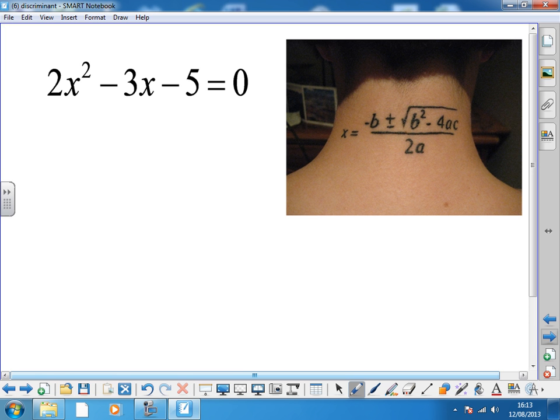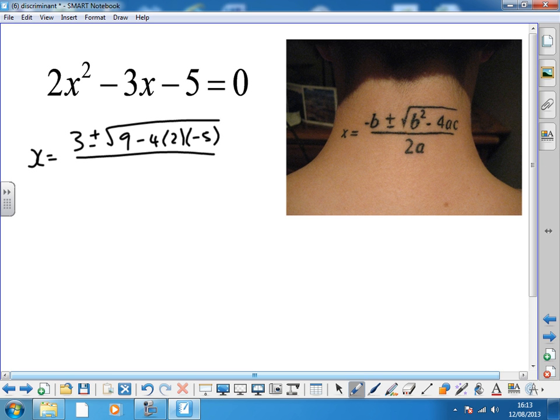I don't recommend a tattoo of the quadratic formula. I think there's much better formulas than that, but feel free. So the roots of this one, x equals minus b plus or minus the square root of b squared minus 4ac all over 2a. So that's 3 over 4 plus or minus a quarter of the square root of 9 plus 40.